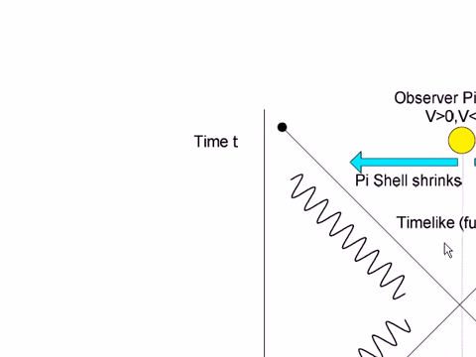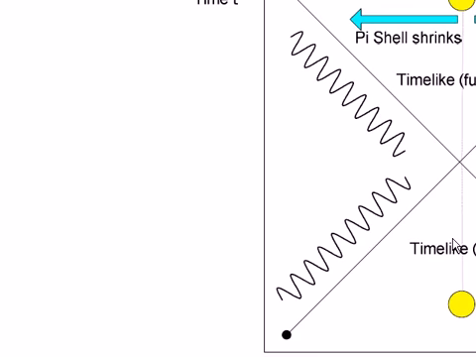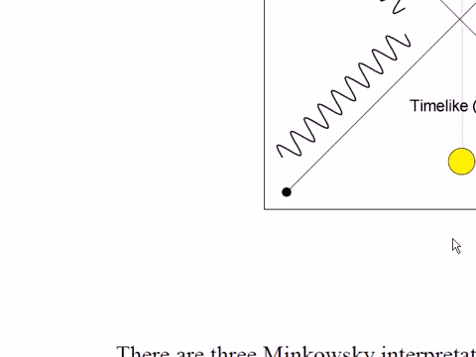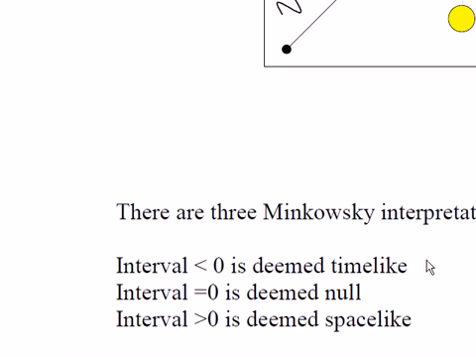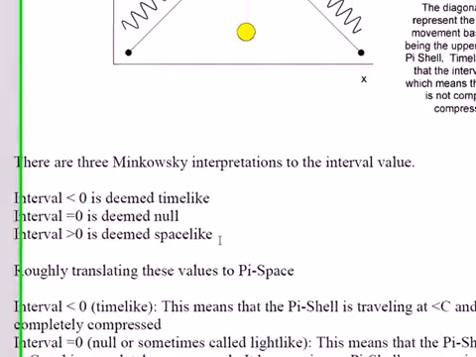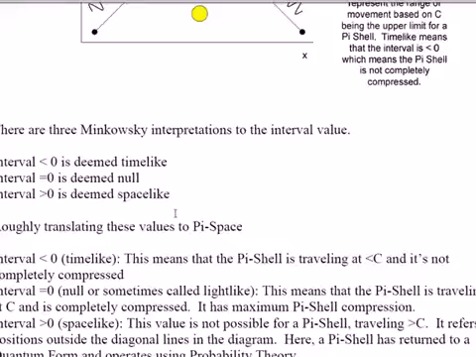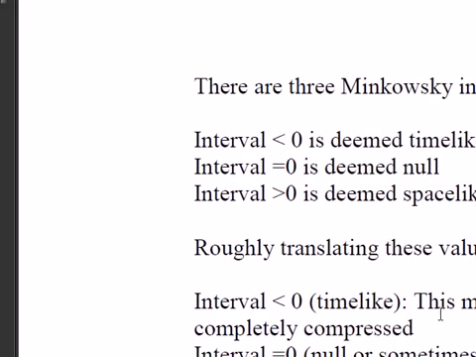So Minkowski interpreted those intervals in three ways. He said if they're less than 0, they're time-like; if they're 0, they're null; and if they're greater than 0, they're space-like. So if we translate that into the theory of spheres, pi space, an interval less than 0 is time-like. This means that the pi shell is traveling at less than the speed of light, and it's not completely compressed.